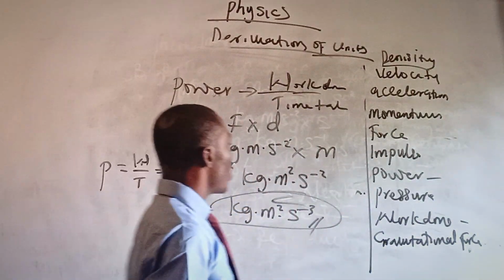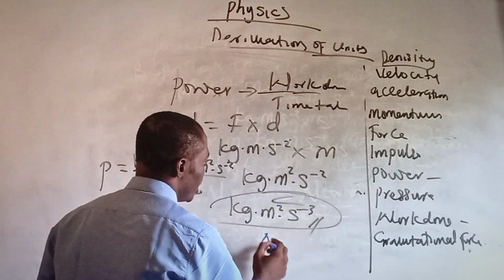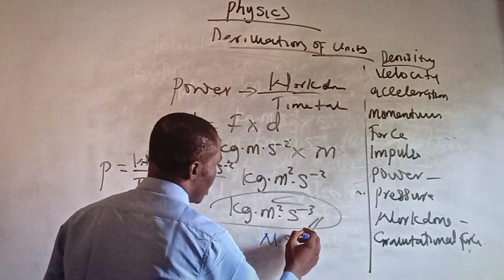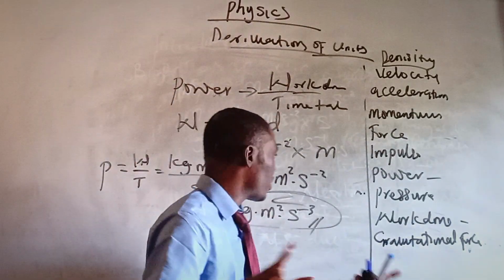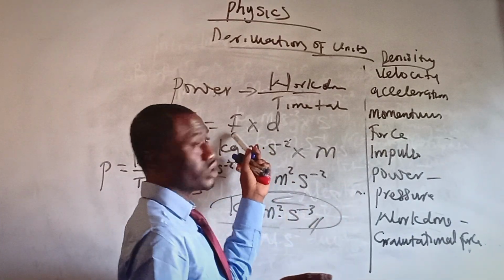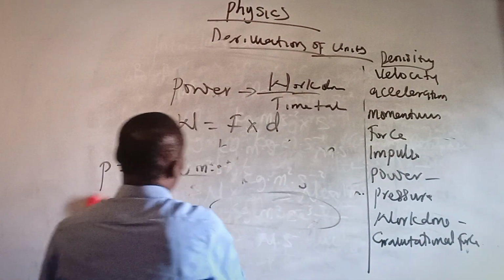But if your answer is in Newton, if the force that you are using is in Newton, I want to explain something. Let's change force into Newton and see what we're going to get.